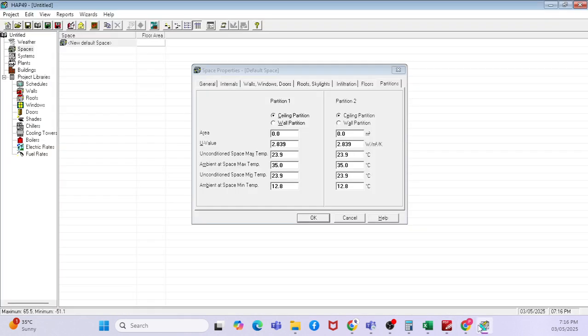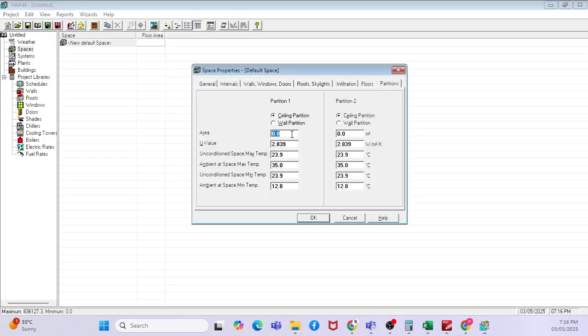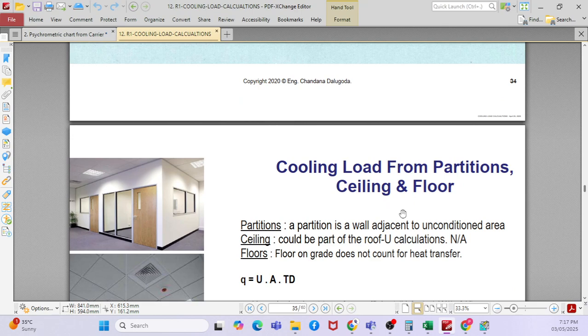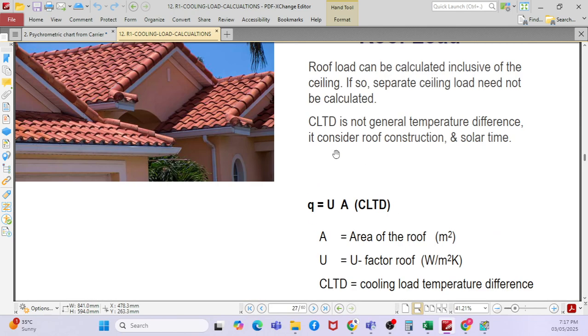So whenever you are working in the HAP software, it applies the same equation, the same algorithm. Here you have the area, the U value, and the temperature difference between internal and external. Based on that, it will calculate the Q, right? If I go further up, say for example, I have a roof load.